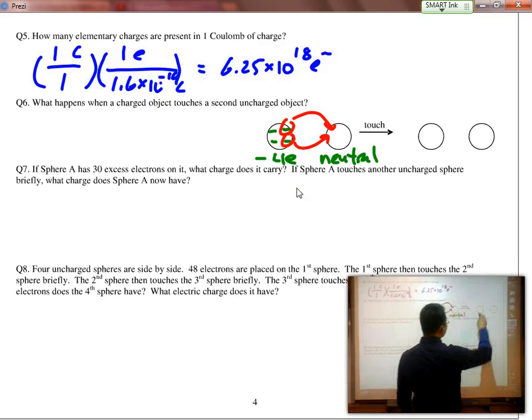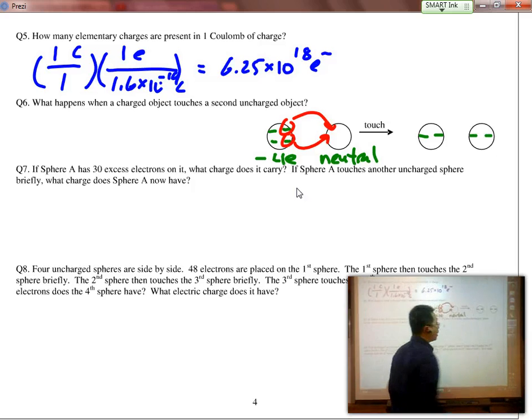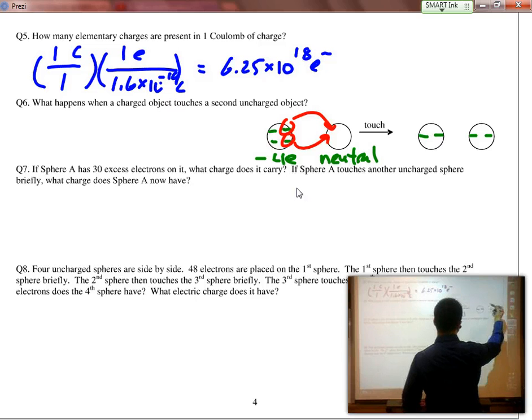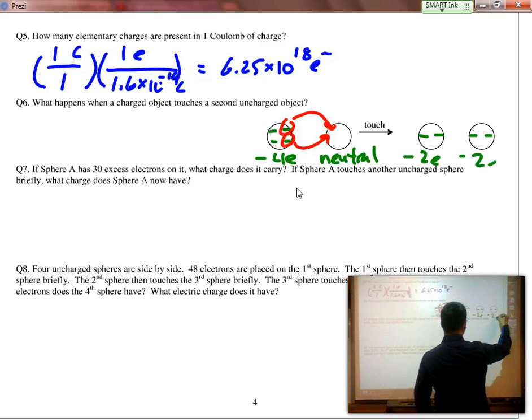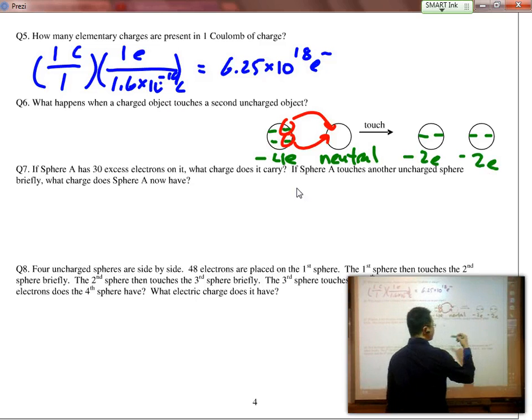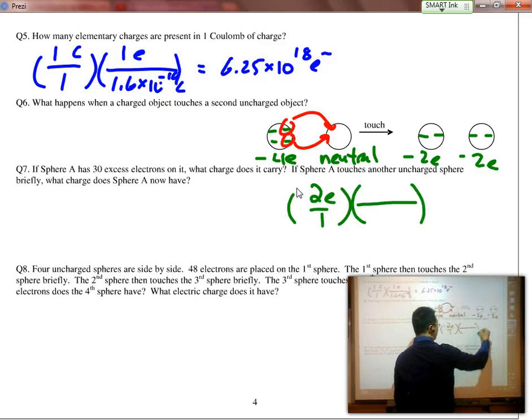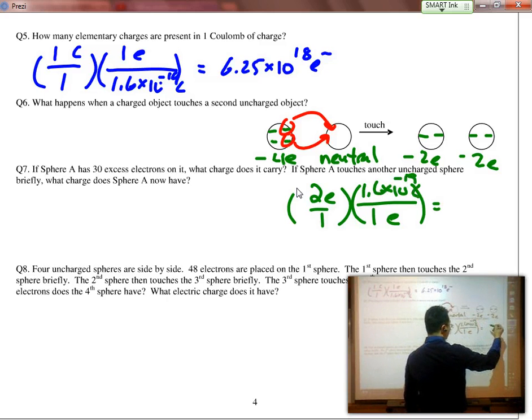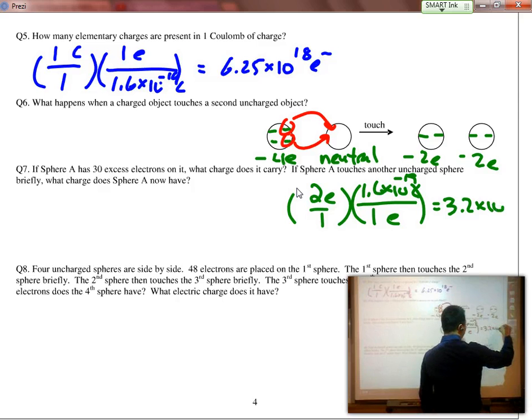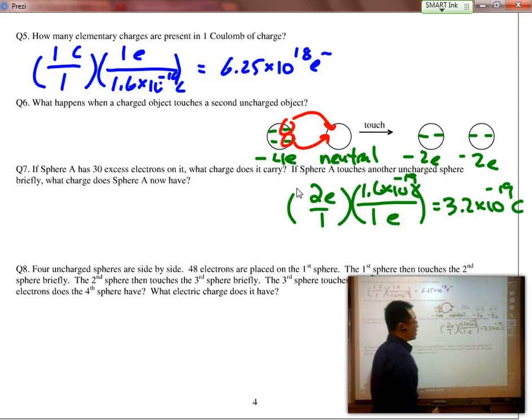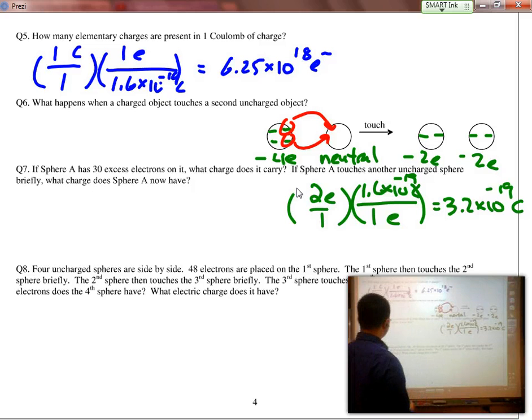And you end up with 2 electrons on each side. So in this case over here, we have negative 2e, but the exact charge on each sphere would be 2e over 1. 1 electron is 1.6 times 10 to the negative 19 coulombs, which equals 3.2 times 10 to the negative 19 coulombs. And that would be the exact charge on each sphere whenever I have conduction.